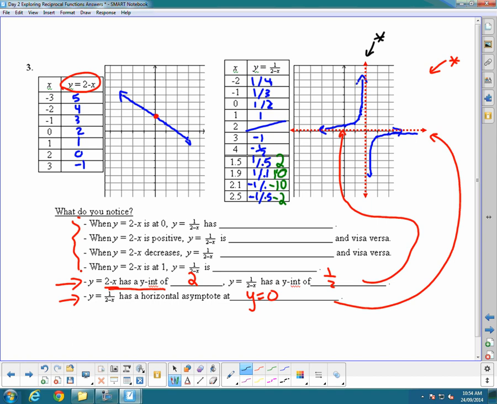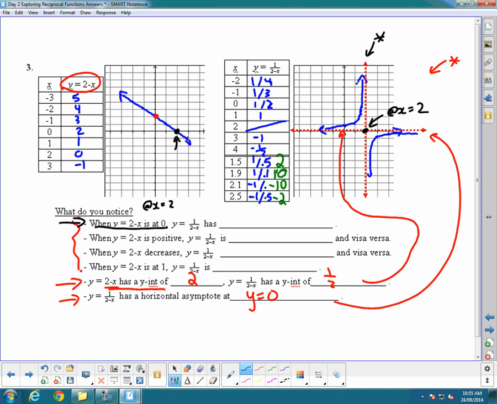Well, that comes to the first spot right here. When the original is at 0, where's the original at 0? Well, it happens to be right here. So at x equals 2, the original has an asymptote right here. Sorry, the original touches 0. This has an asymptote at x equals 2.